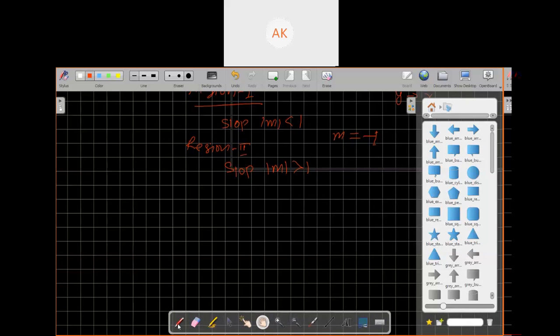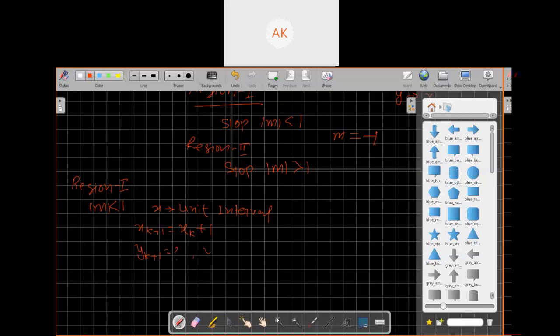I'm calculating for region 1 where your m is less than 1. If you remember, when your slope is less than 1, x moves with unit interval, meaning xk plus 1 will be xk plus 1. X is moving in the positive direction, the value of x is increasing, starting from 0 and reaching rx, and we are going to calculate yk plus 1.